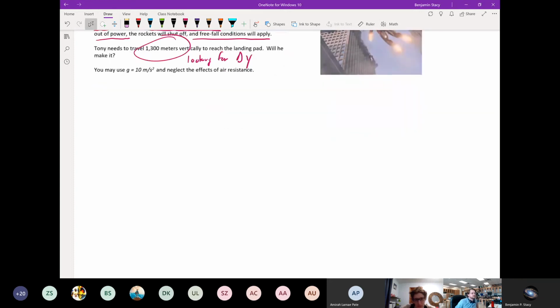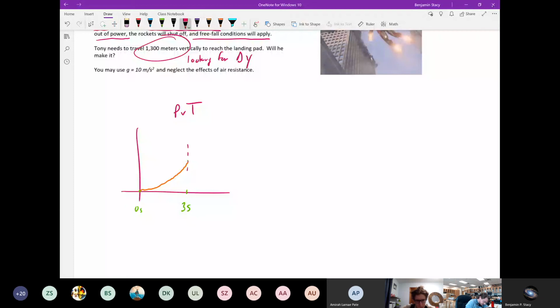And this one's really good to figure out what the motion graphs are going to look like. For 3 seconds, he's speeding up, so there's 0 seconds to 3 seconds. What does speeding up look like? It's curvy, it's parabolic, it's quadratic. He's speeding up faster and faster.